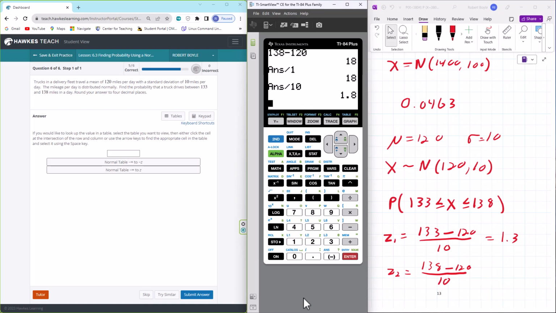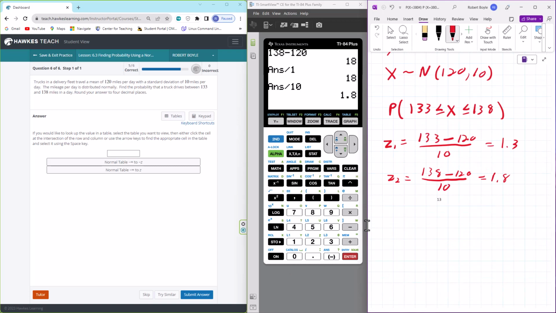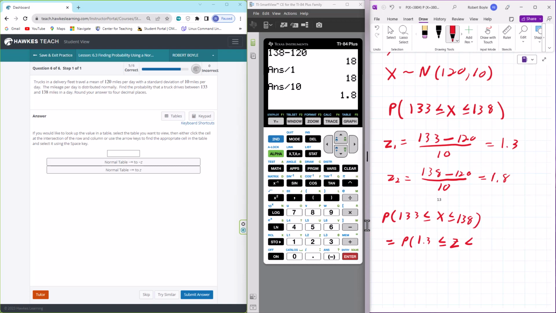So this is equal to 1.8. So the probability that x is between 133 and 138 is equal to the probability of z being between 1.3 and 1.8, which will be equal to the probability of z being less than or equal to 1.8 minus the probability of z being less than or equal to 1.3.